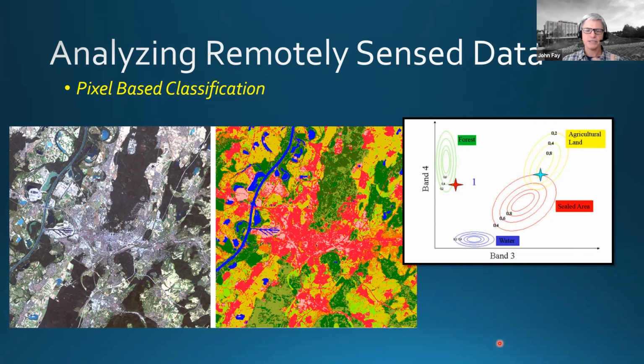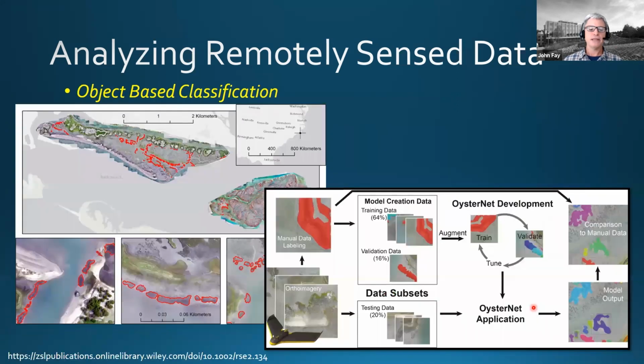Now go find all the other pixels that look like this, or that look like water or ag fields. So we can do our pixel-based classification, and we have a number of different algorithms. Maximum likelihood is one of the more popular ones, but we can also do genetic algorithms and neural networks to figure this out as well. And really, as you guys are probably aware, the new thing is to do object detection.